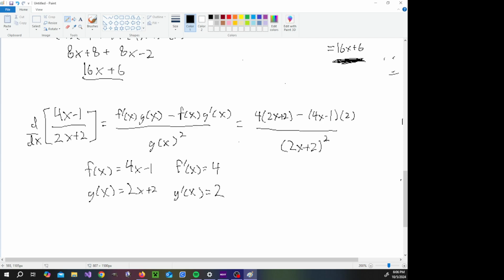And yeah, it does turn out we can simplify this, but oftentimes we kind of stop there. I'm going to go ahead and write a couple more lines, just to be confident. So distributing the 4 to both parts gives us, sorry, 4 times 2 is 8, so we get 8x plus 8.